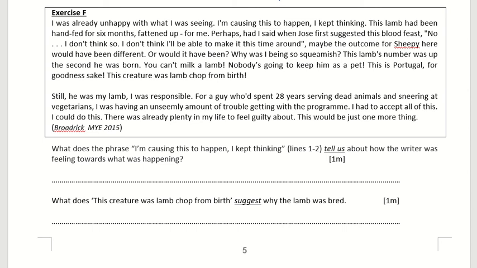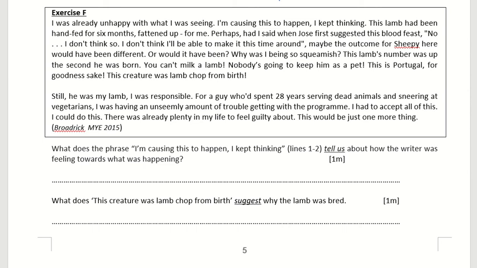This lamb's number was up the second he was born. You can't milk a lamb. Nobody's going to keep him as a pet. This is Portugal, for goodness sake. This creature was lamb chop from birth. Still, he was my lamb. I was responsible.